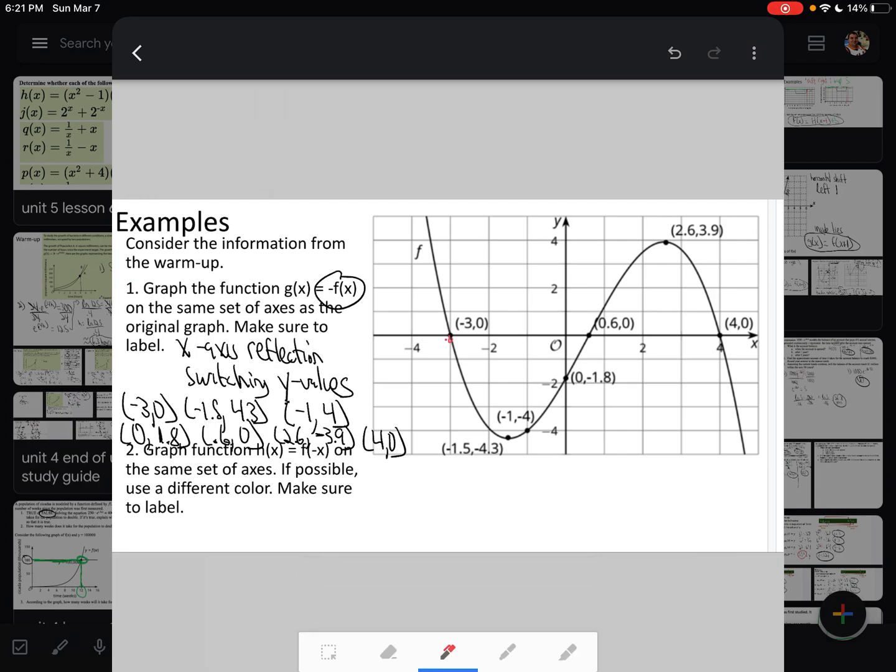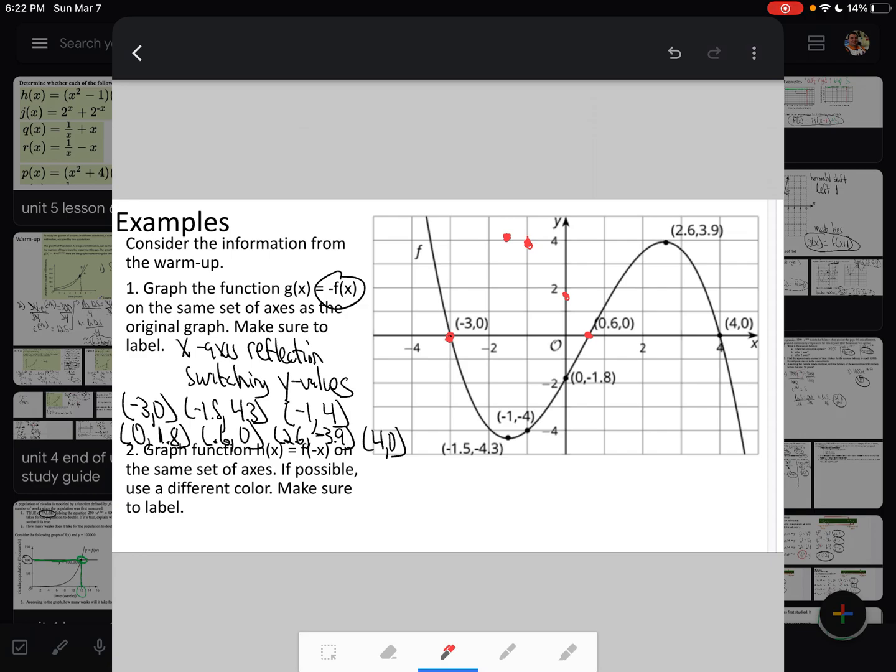So I have negative 3, 0. Then I have negative 1.5 and positive 4.3, so that's going to be up here. Then I have negative 1, positive 4. That's going to be up here. Then I have 0, 1.8, which will be about here. Then I have 0.6, 0. That point stayed the same.